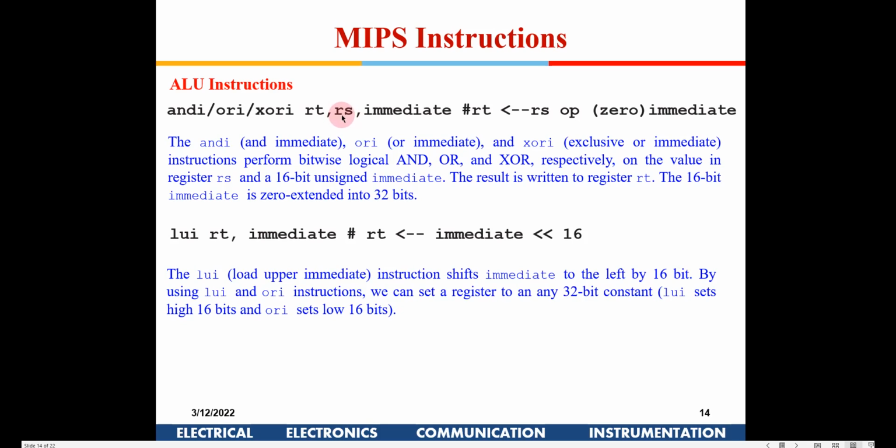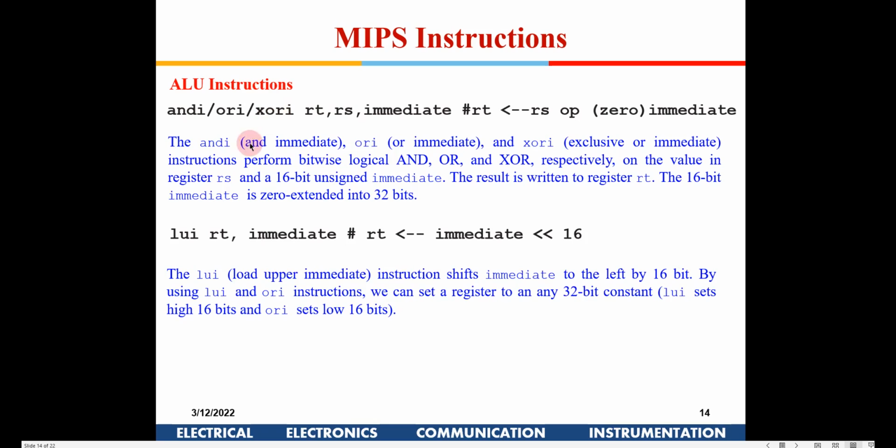Suppose RS is 32-bit information. If I do an AND immediate operation, all the MSBs will become 0, because you are doing an AND operation with 0.